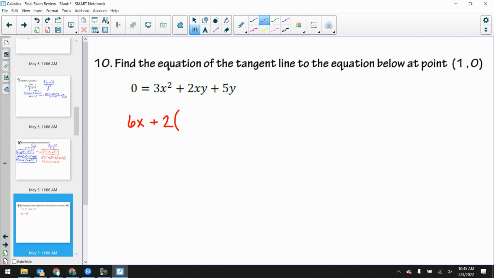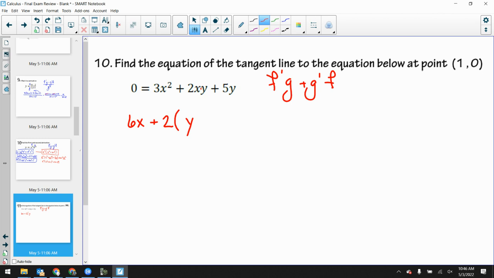Okay, so I pulled out the constant of 2, and now I have the product of x times y. Remember, product rule is f prime g plus g prime f. So what is my f and g in this case? Well, f is x, g is y. So f prime g, well, what's the derivative of x? 1. So it's just 1 times y, or just y.